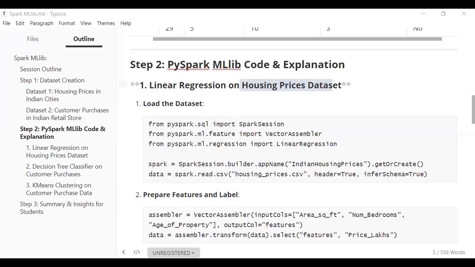In regression, we use evaluation metrics like mean squared error and also root mean square error. In classification, we use accuracy and F1 score.